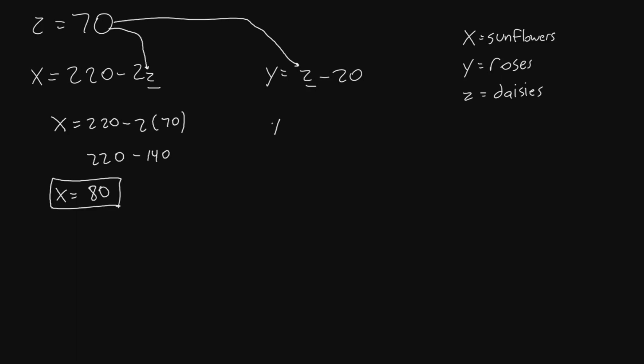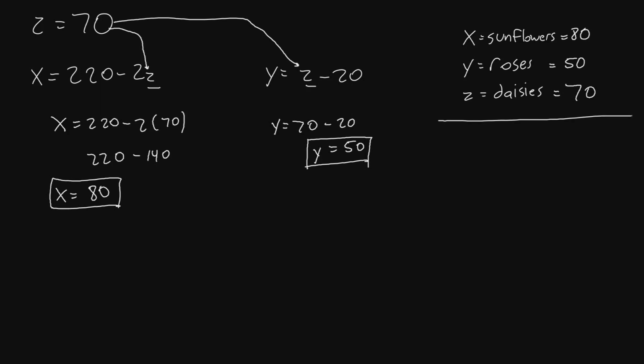If we do the same thing for Y, we'll get 70 minus 20, which means Y is equal to 50. So, remember our daisies were Z, that's 70, our roses were Y, that's 50, and the sunflowers were 80.